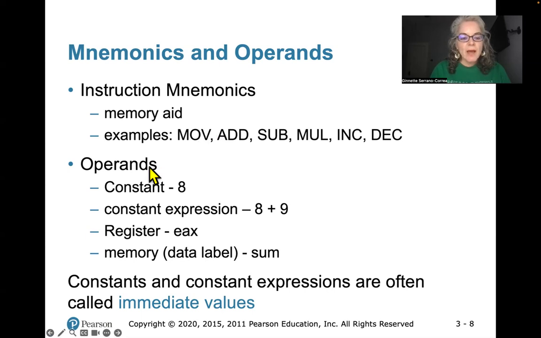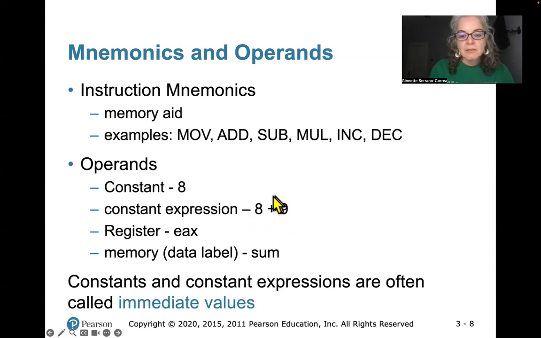Operands, we have things like constants. So just a plain number, an 8, a 9, a 100, 1,000, that's a constant. If you've taken C++ or Java, you know they're called constant literals. So it literally just means an 8. Then we have constant expressions.